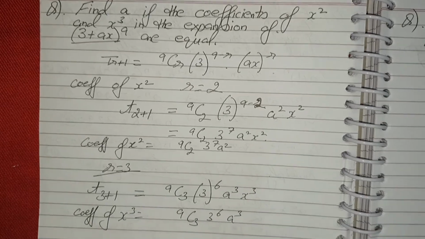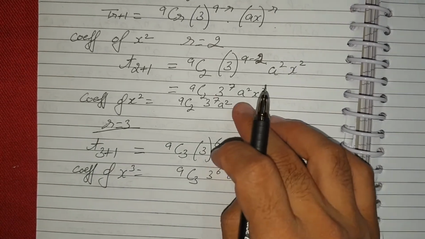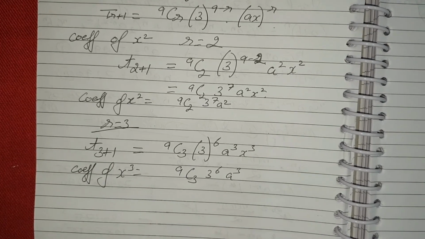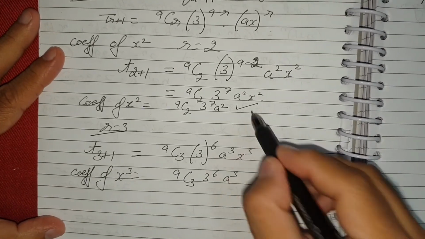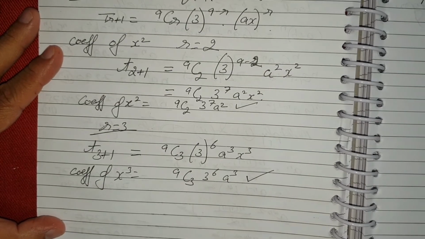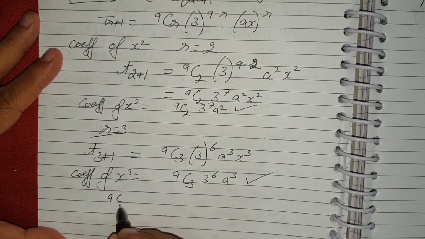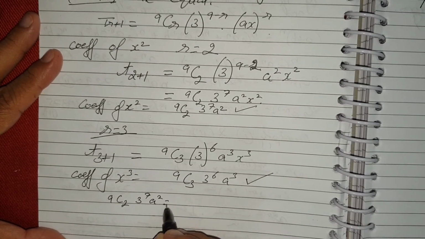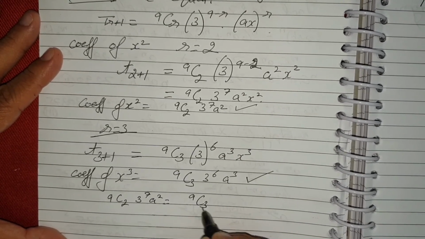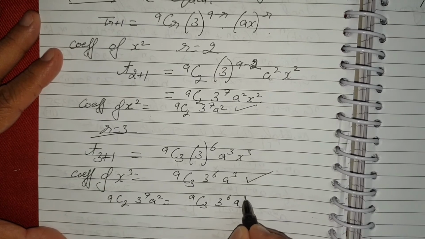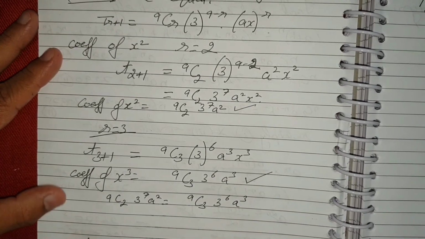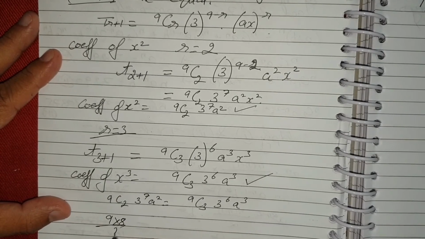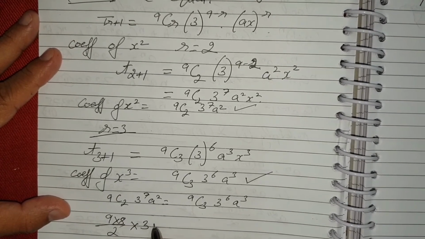What we have to do is find a only, and we know that the coefficients of these two terms are equal. So just make this equal to this. So 9C2 3 to the power 7 a square equals 9C3 3 to the power 6 a cube. When you solve it, this will become 9 into 8 by 2 into 3 into 1.